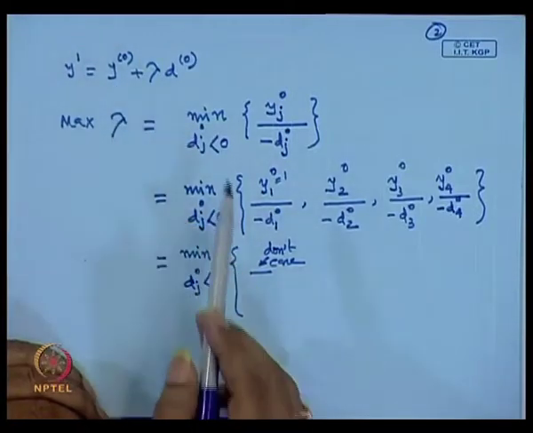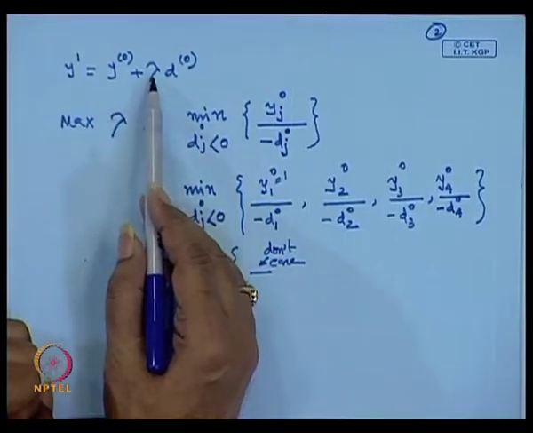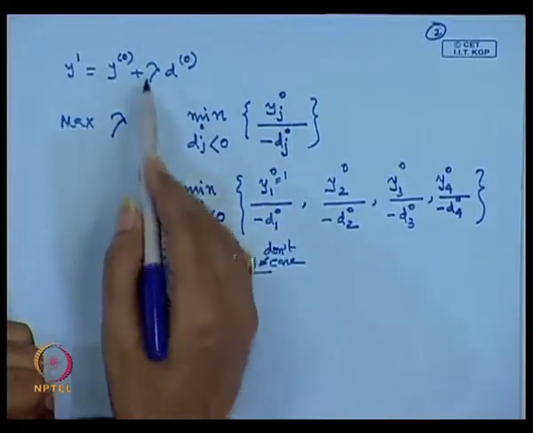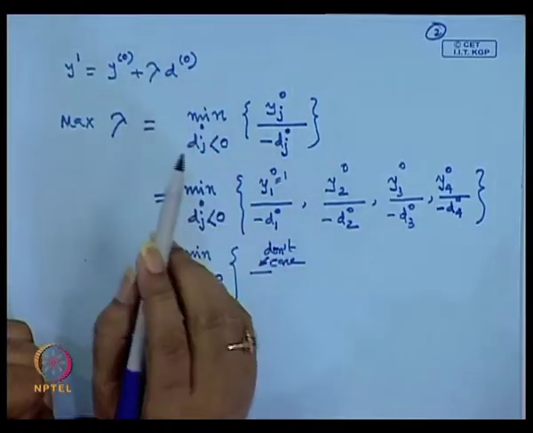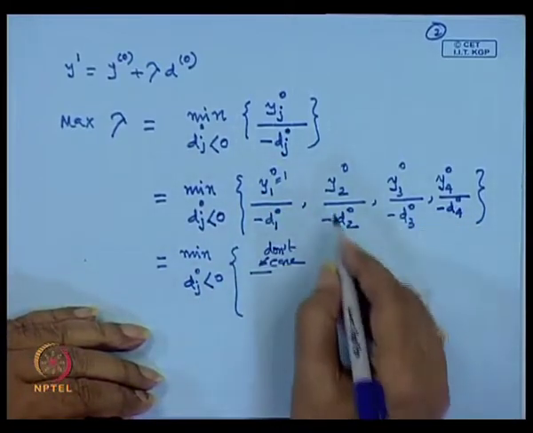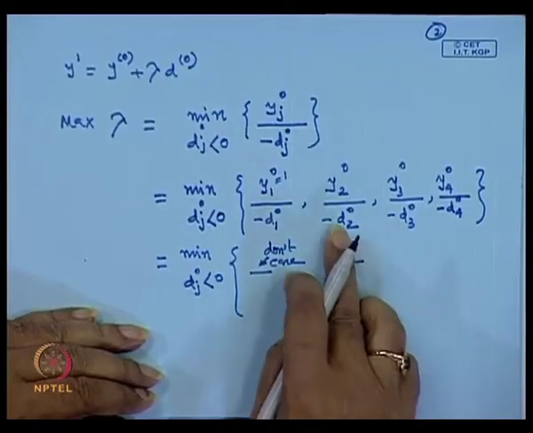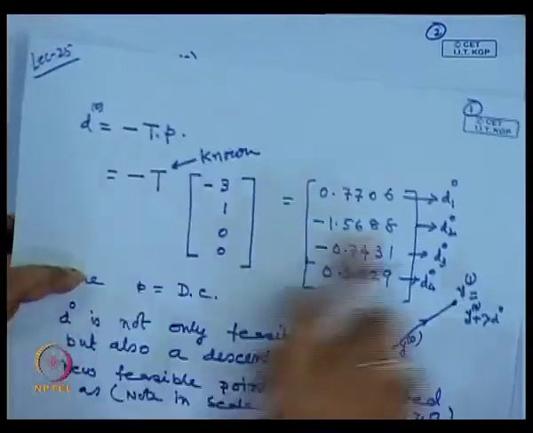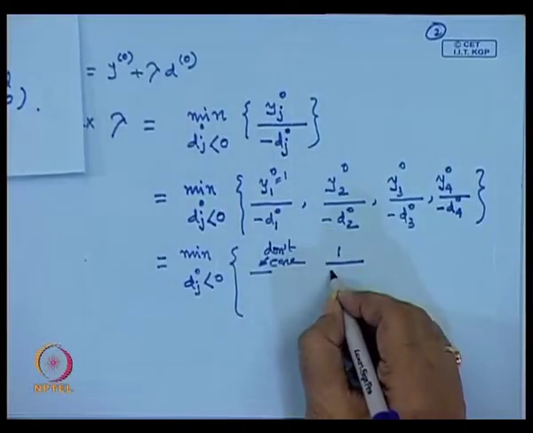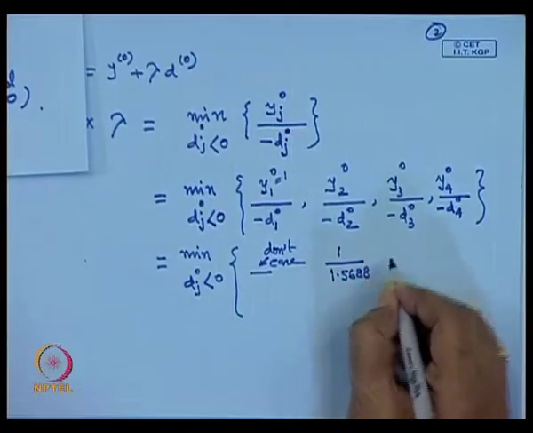Now look at this one: whether lambda is a negative quantity or a positive quantity, we have to analyze this first. Let us compute that first. Then this is equal to 1 divided by d2; that d2 value is negative and preceded with minus, it will be plus 1.5688.